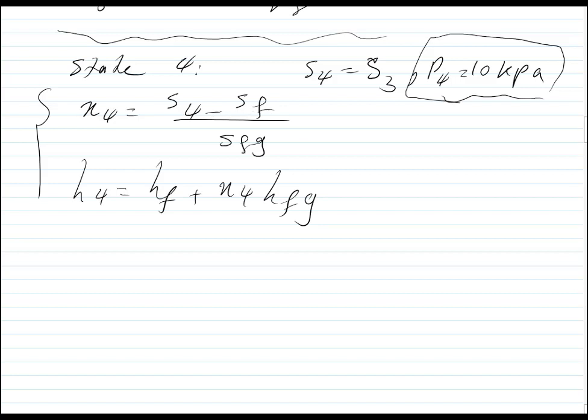But we already know the SF and SFG, and also HF and HFG, because this state has not changed in part B and also part A. So this HF and HFG, the enthalpy of the saturated liquid and the mixture region, is identical with part B and part A. The only difference is the S4 here, if we compare this equation with the previous steps.